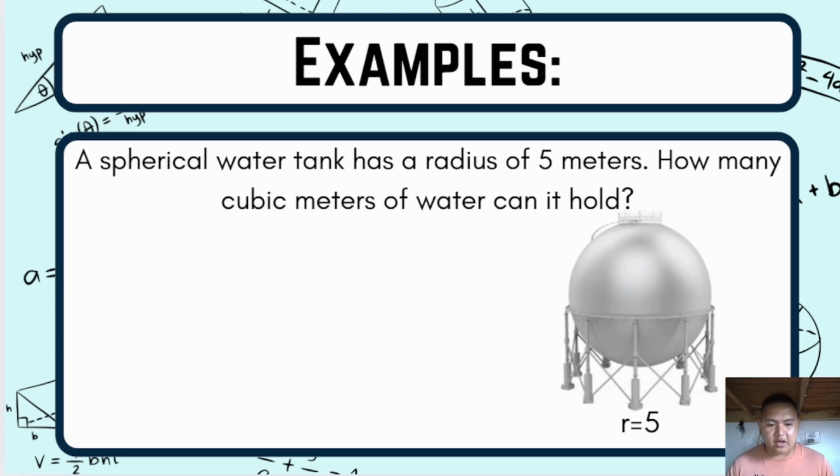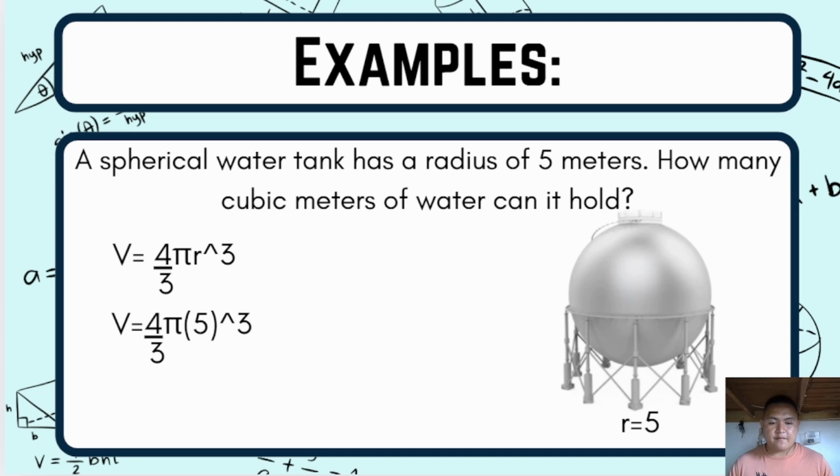So we are gonna use the equation for volume, which is volume is equals to 4 over 3 pi r cubed. So let's put the radius of 5 meters in our equation. So it's gonna be volume is equals to 4 over 3 pi 5 cubed.